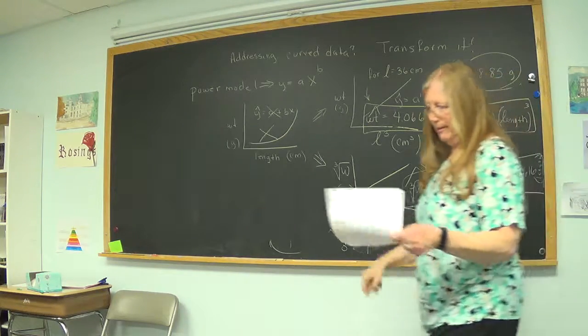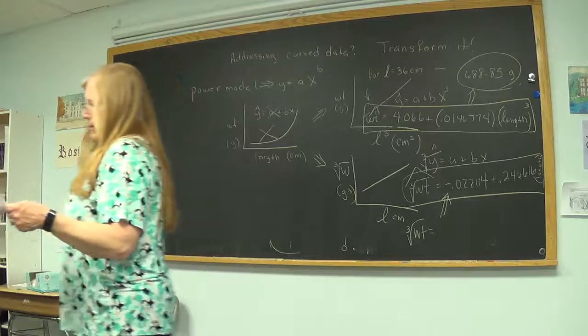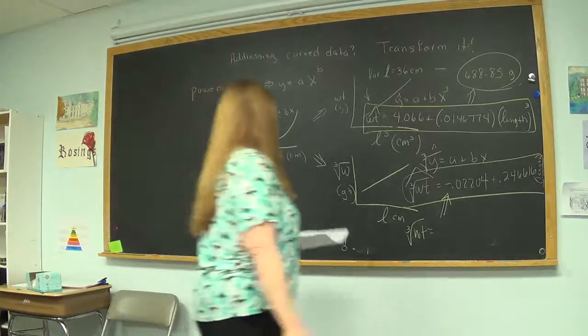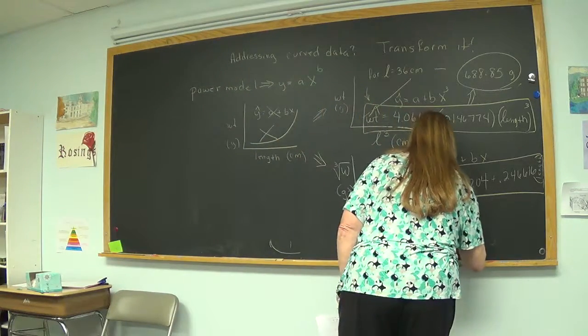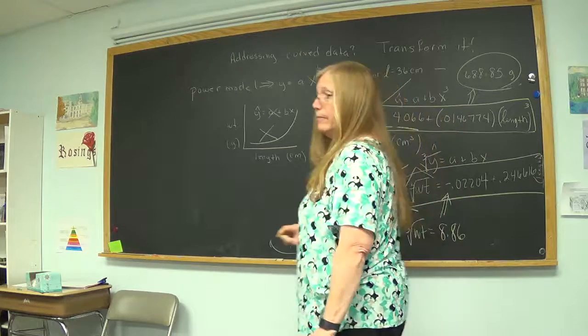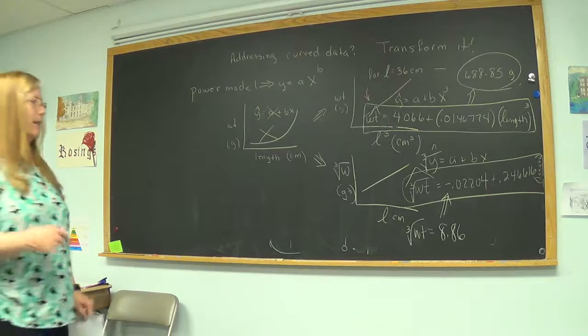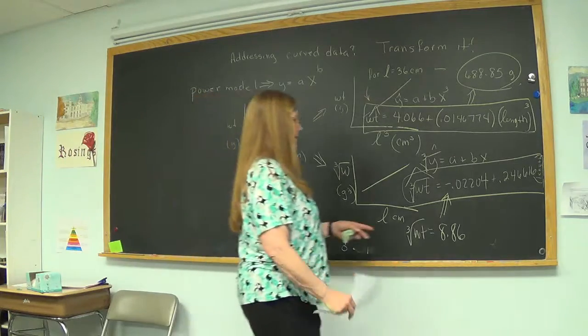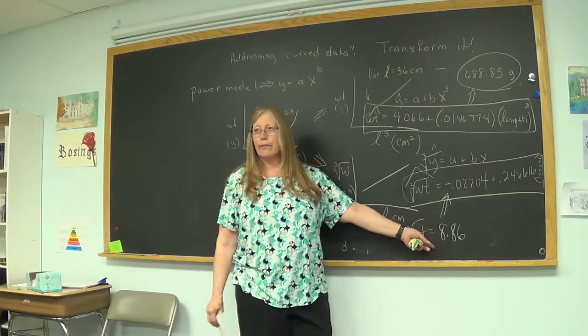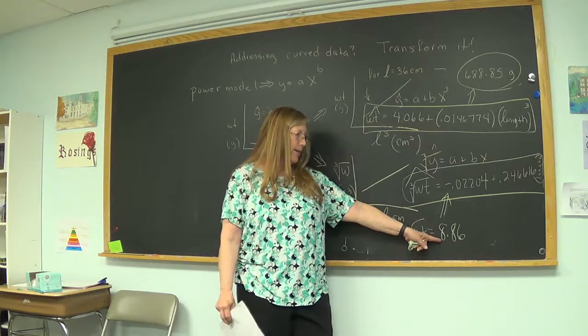I need that number. Anyone got that? 8.8. Anyone confirm that? 8.86? That's before I finish it. That's just the right side of the equation. I need it confirmed. 8.85. All right, oh yeah, 8.86.